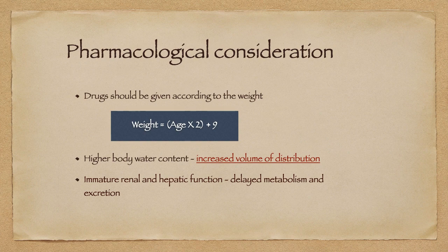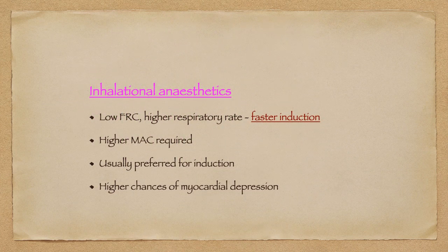So whenever there is increased volume of distribution, you have to give larger doses. And the immature renal and hepatic function will cause delayed metabolism and excretion, so the drugs can act for a longer time. We have to keep those things in our mind.